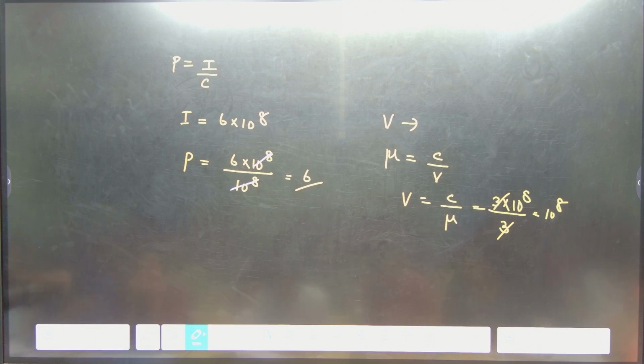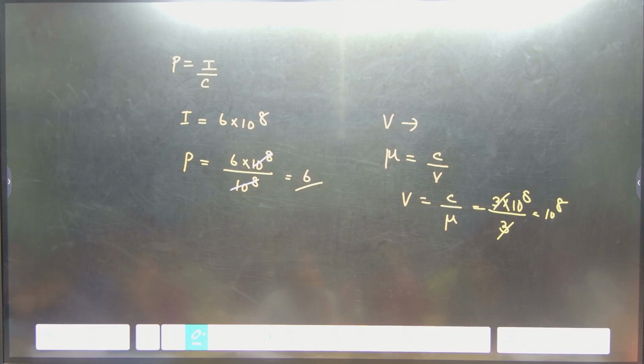What is the answer? Listen, here the question is they have given it's completely absorption. Completely absorption in the sense the formula is P is equal to I by C. They are asking radiation pressure.